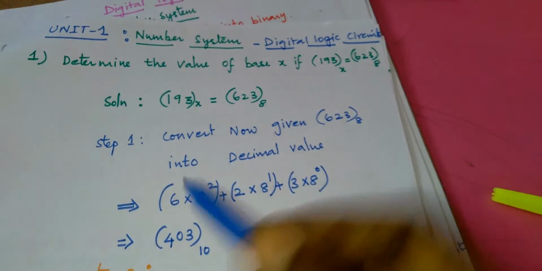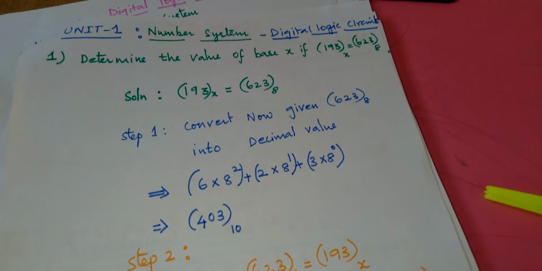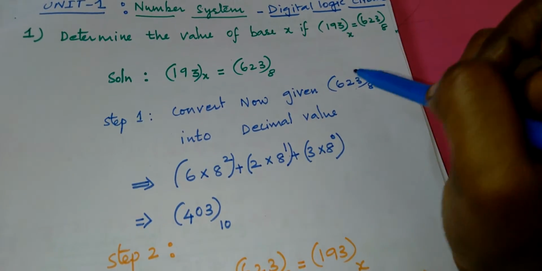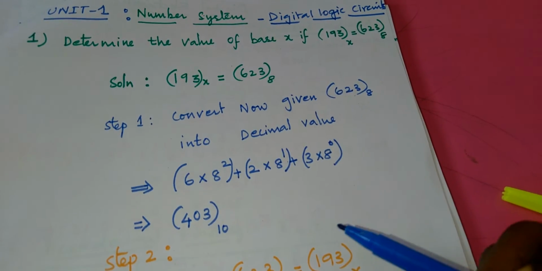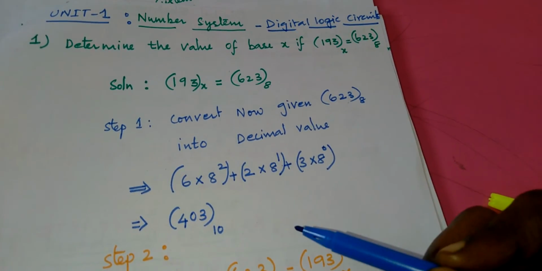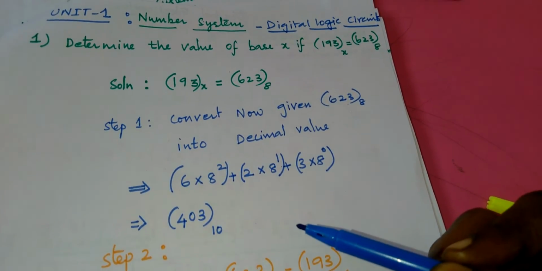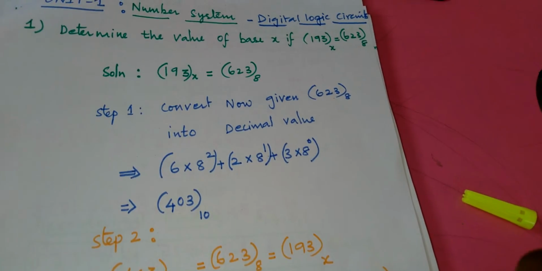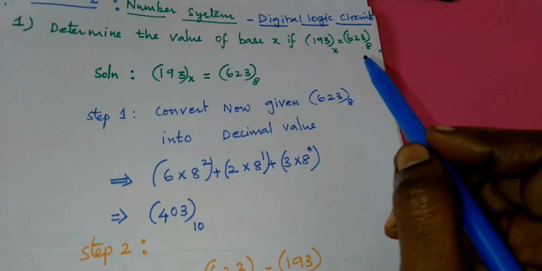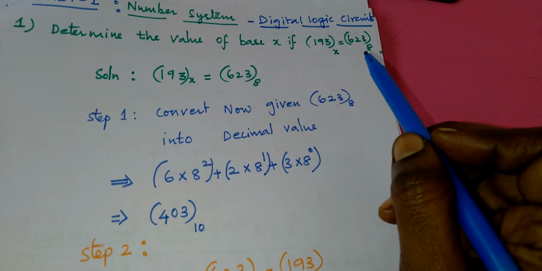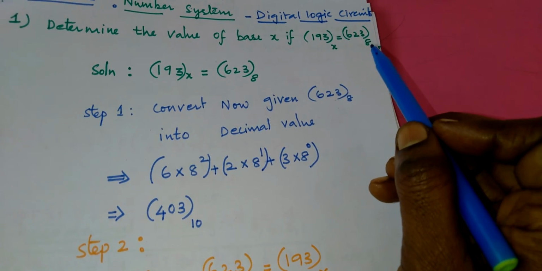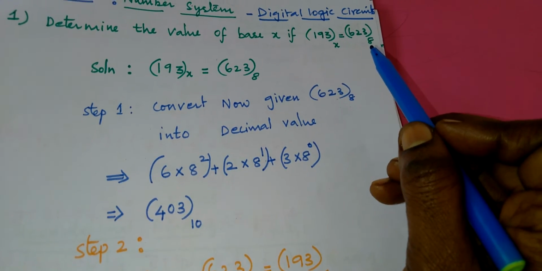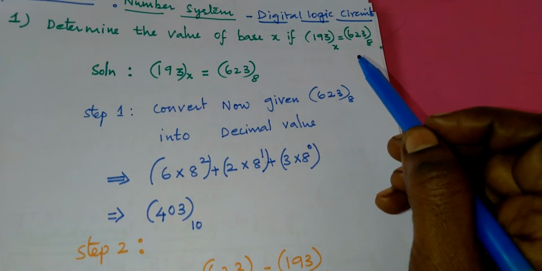First step is to take the known value and convert it into decimal. Why do we need to convert it into decimal? For further mathematical operation we need decimal values only. So since it is in the form of octal, convert it into decimal value.